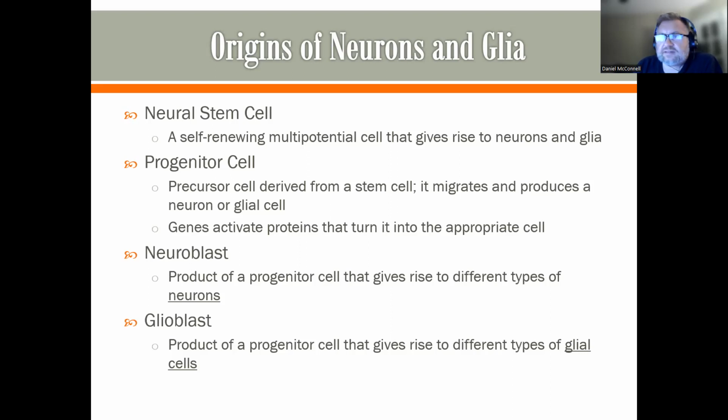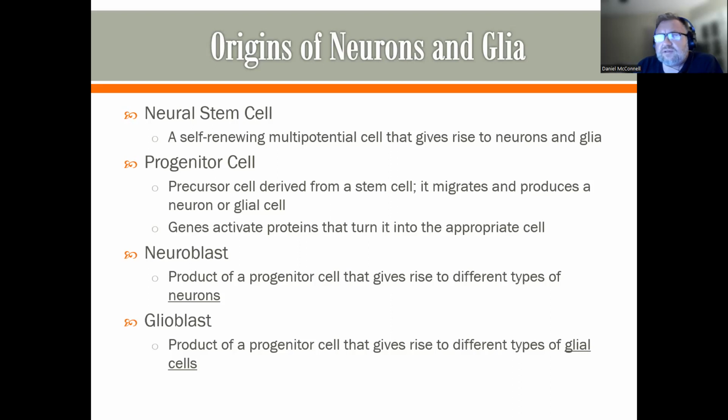And when it migrates, it's going to turn into either a neuroblast, which is a very immature neuron, or a glioblast, which is an immature glial cell, right? And glial cells, of course, we learned about those, like the astrocytes, the Schwann cells, oligodendrocytes, and things like that.